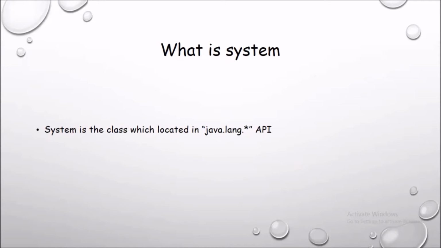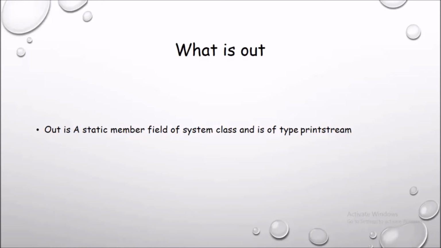So what is System? The whole statement System.out.println comes under the java.lang package. System is a class which is located in the java.lang package. What is out? As I told, System is a class.